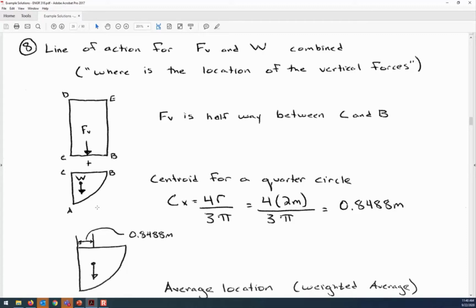Let's say we're measuring from the left side. So it's 1 meter from the left for FV, and then it's 0.8488 meters for W. What would be wrong with just adding those 2 distances together and dividing by 2? That's the wrong approach. Who can tell me why that would be the wrong approach?